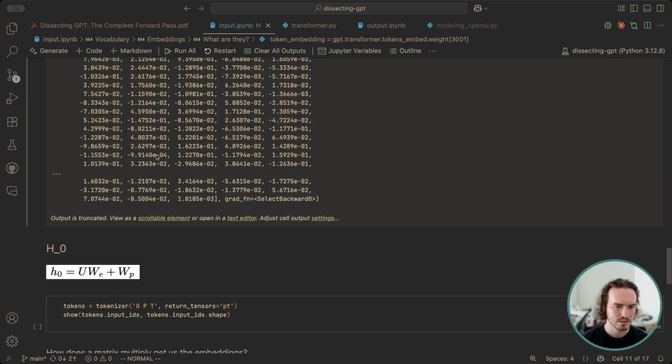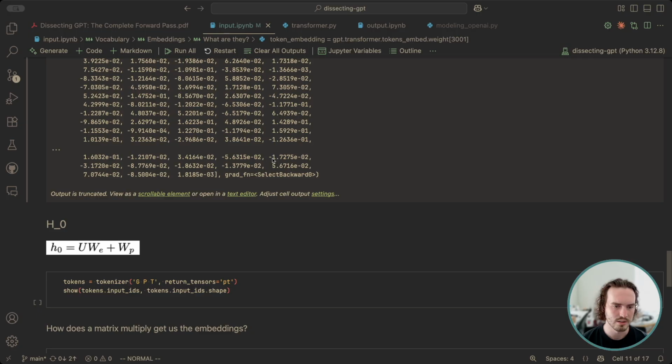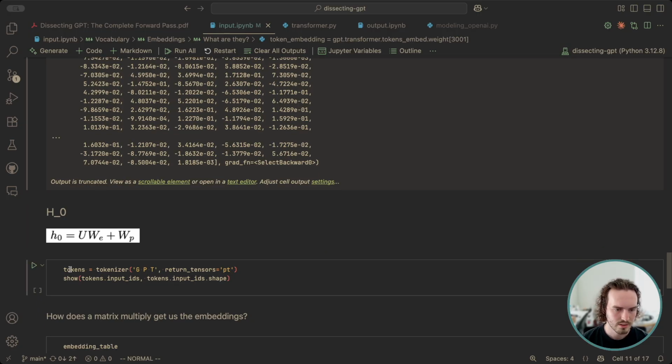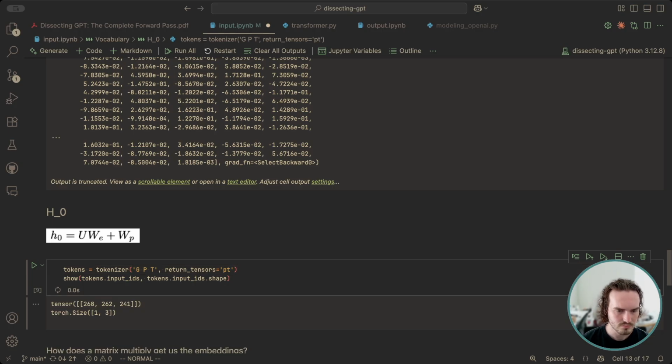And so getting back to our hidden state 0, I want to run a piece of text through our tokenizer, and then we're going to return those as PyTorch tensors and look at the input IDs on there and the shape of that.